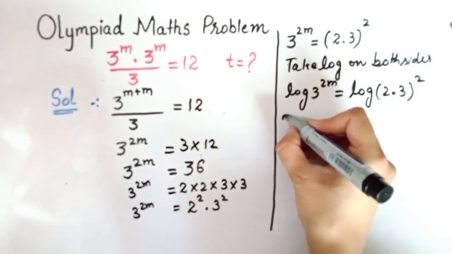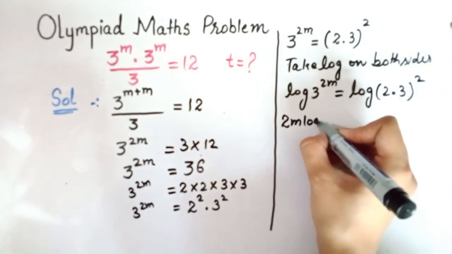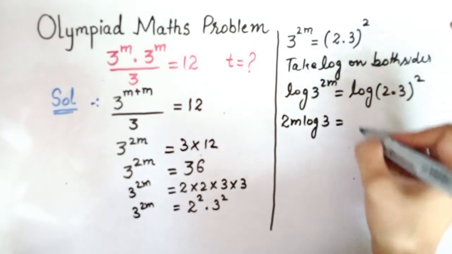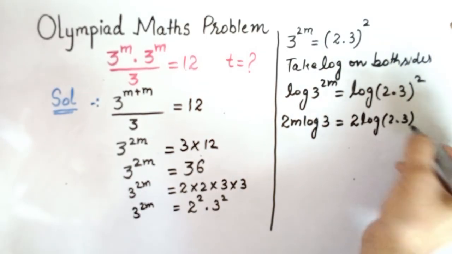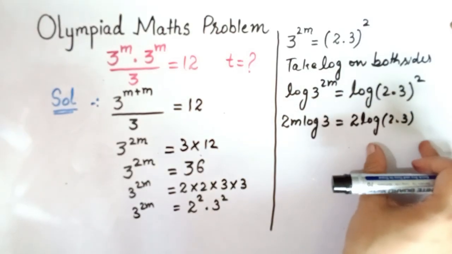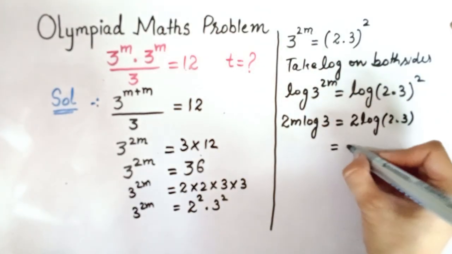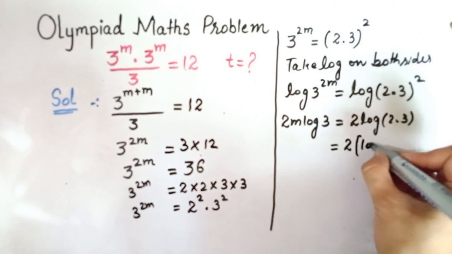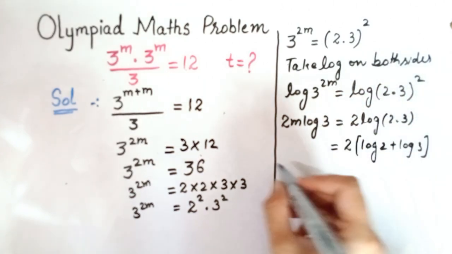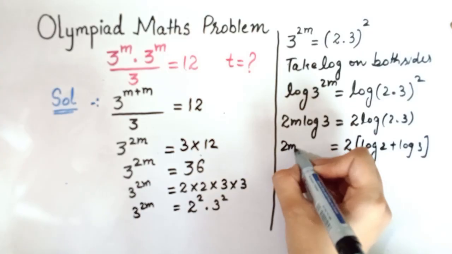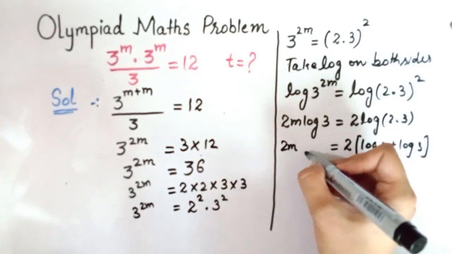So power is in the start, so 2m log of 3, and here also power in the start, 2 log of 2 into 3. These are multiplied, it means they are added. So 2 into log of 2 plus log of 3, and in this side we have 2m log 3.